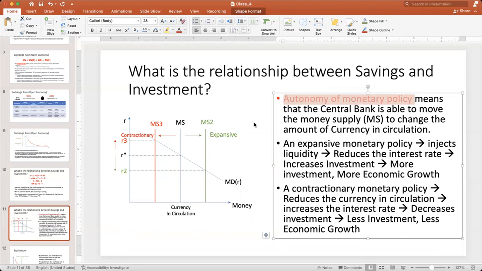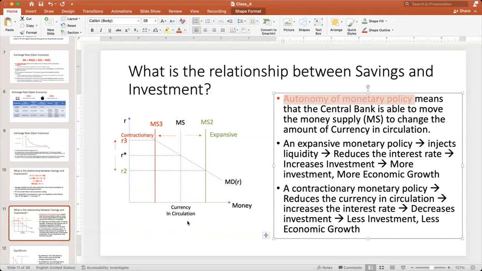So if the central bank decides to make an expansionary monetary policy, that means that the central bank will inject liquidity into the economy and increase the currency in circulation. People will get more money in their pockets. Given that people have more money in their pockets, they will consume more and more.